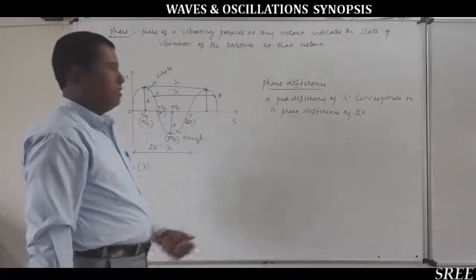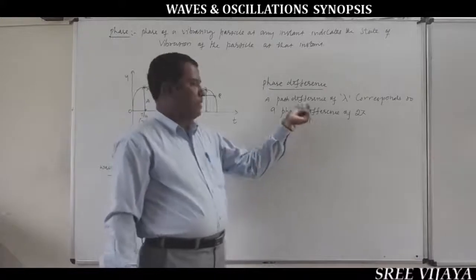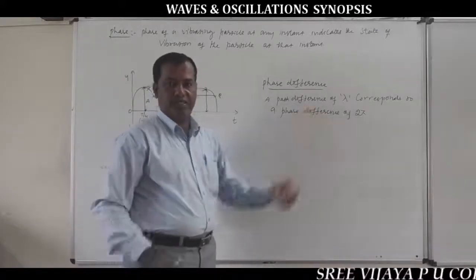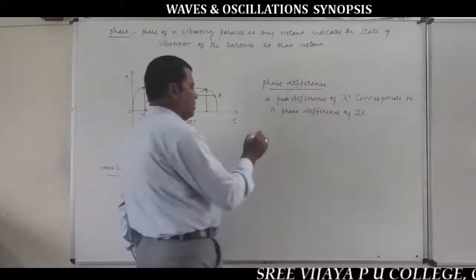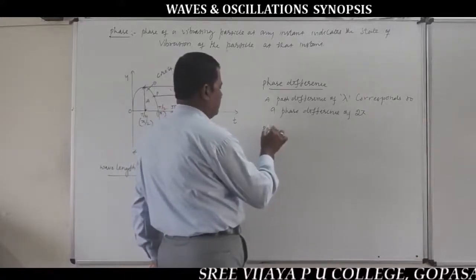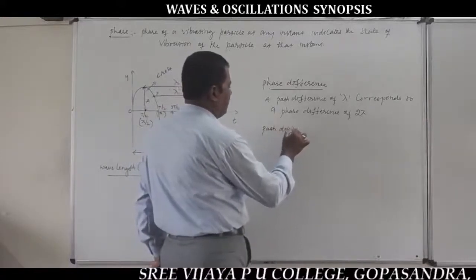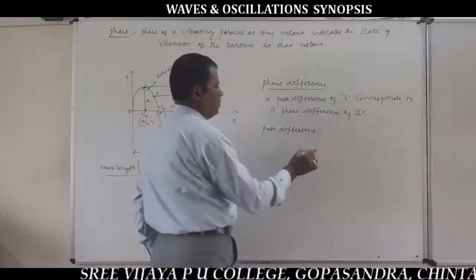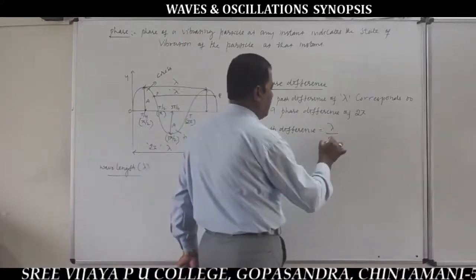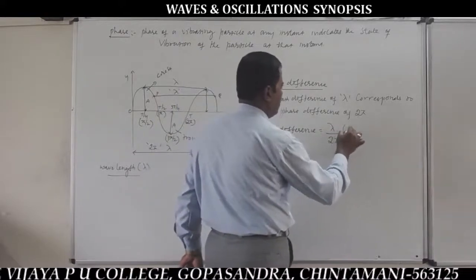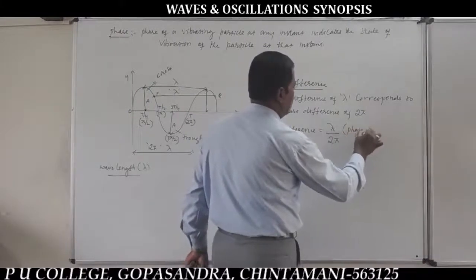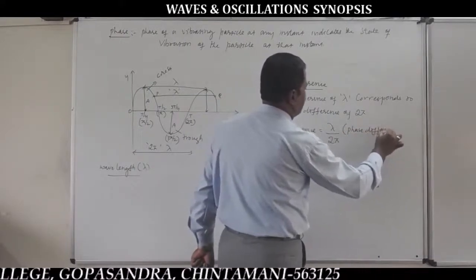Generally, while solving numericals, if you want to convert path difference to phase difference or phase difference to path difference, you can make use of these relations. Path difference is equal to lambda by 2 pi into phase difference.